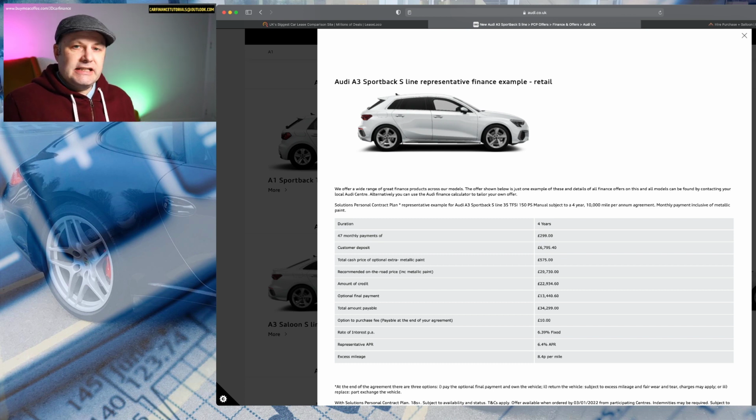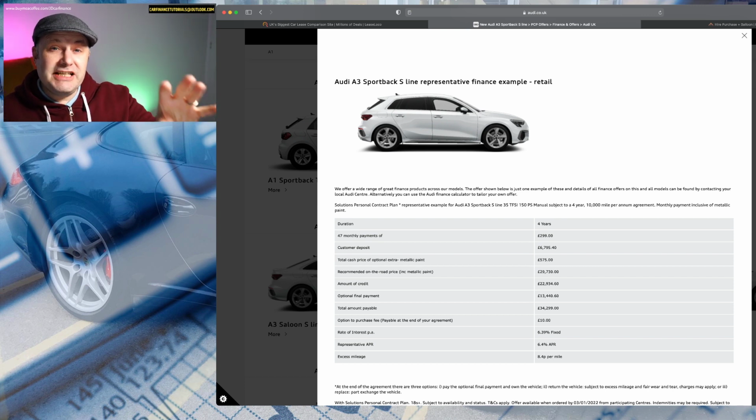So the reason it's so important to compare exactly the same terms is because the overall interest across a 49-month agreement will obviously be higher, but the monthly payment may be lower. So you're going to go, oh, 4-year agreement here, let's say $299, 4-year agreement here, $280. Oh, I'll go for that one. But remember, you're paying one more month of £280 because it's a 49-month agreement.